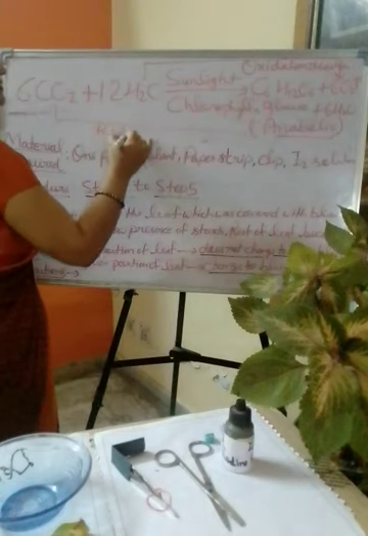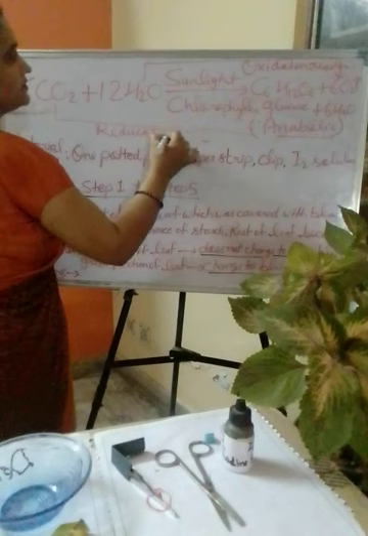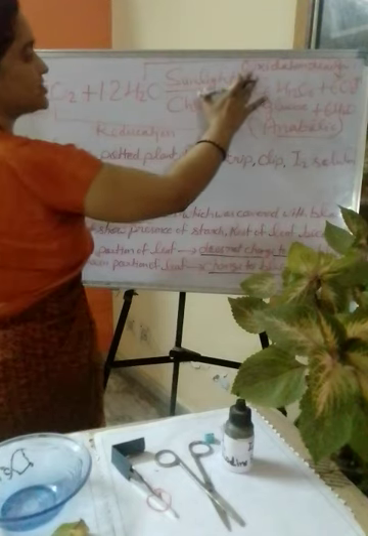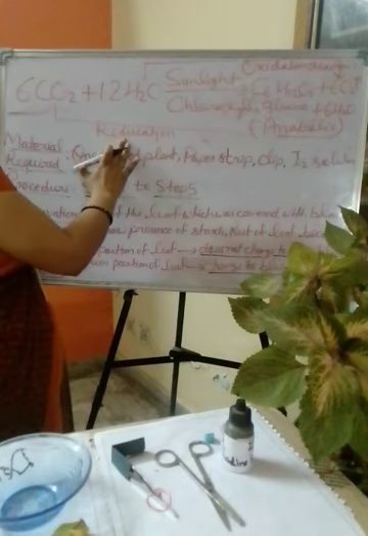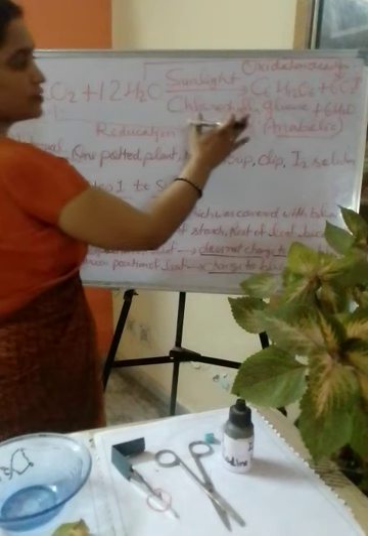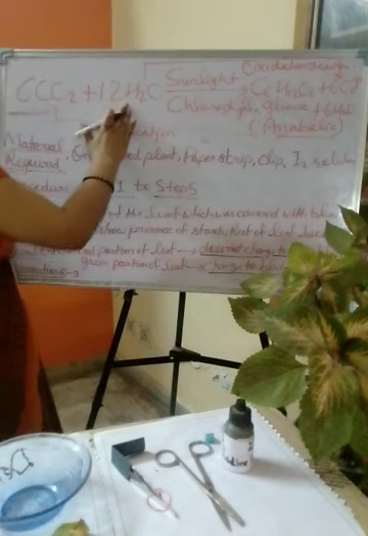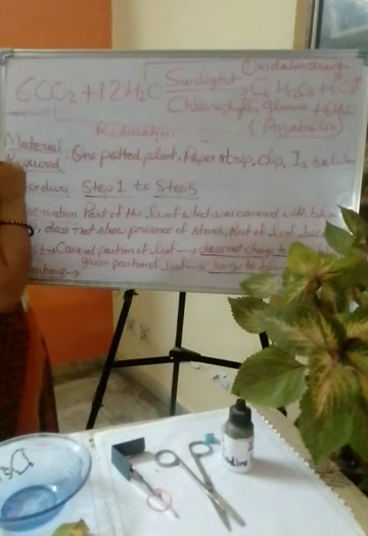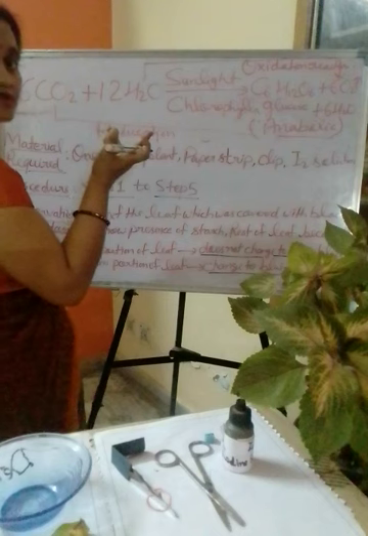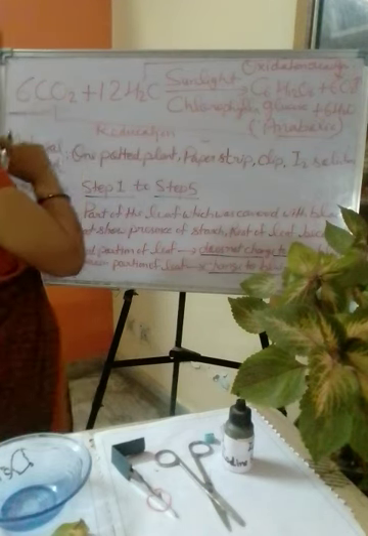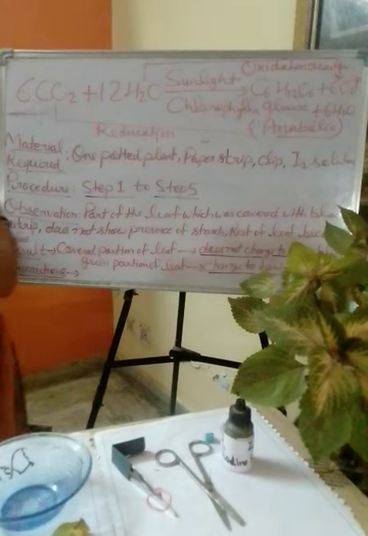That is a reduction reaction. It means that photosynthesis is an oxidation and reduction reaction. Carbohydrate reduction makes glucose, and photolysis of water releases oxygen. It means oxygen is released from the photolysis of water. Understand that?